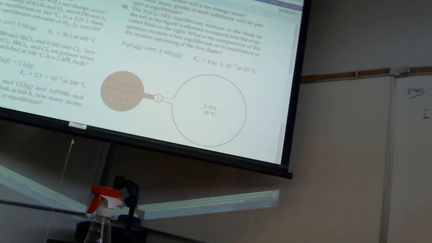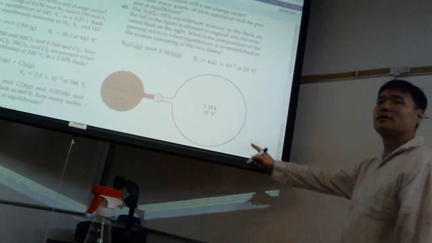What does this give us? 0.00461 7. Close enough to this 4.61 times 10 to the minus 3, right?